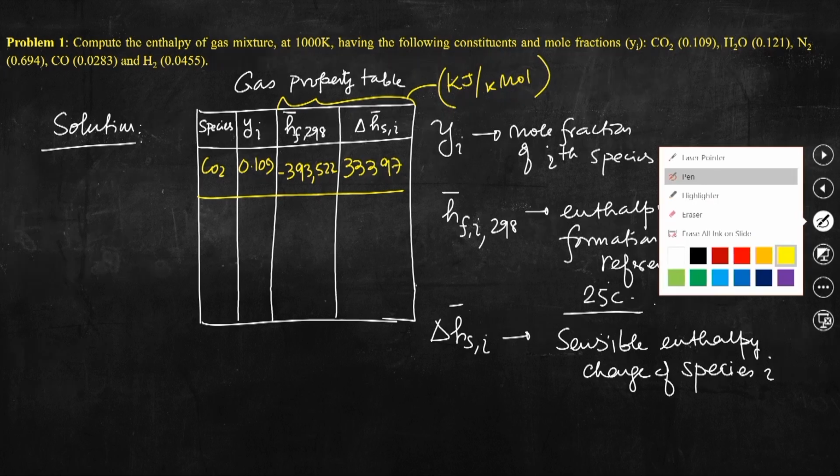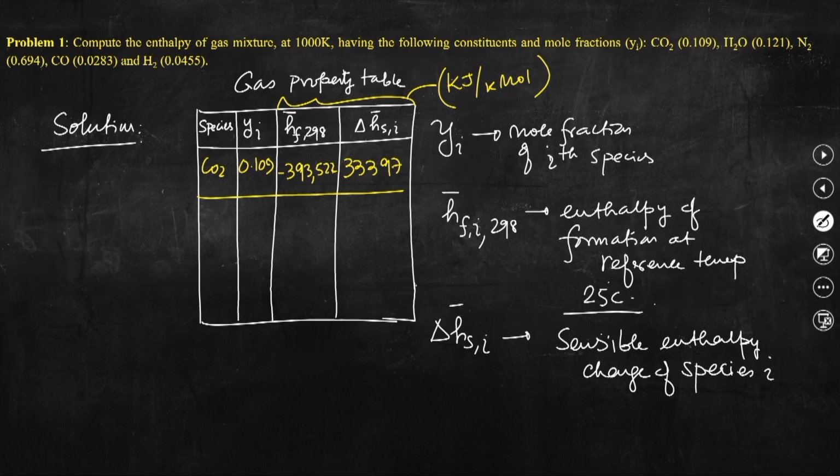Similarly, for the next component, H2O, the mole fraction is 0.11, that is given, and this is minus 241826, and this is 30190.